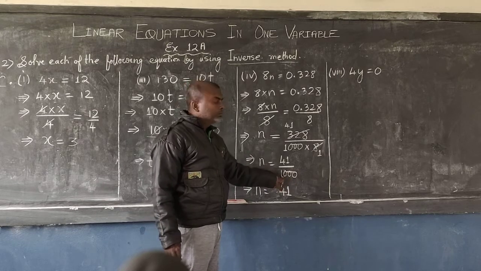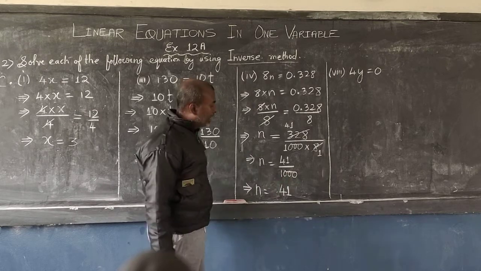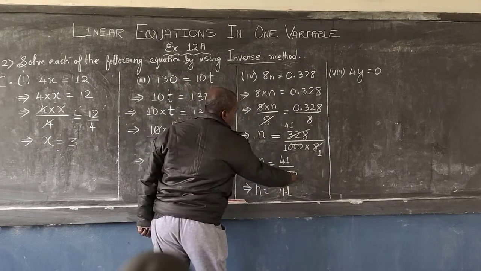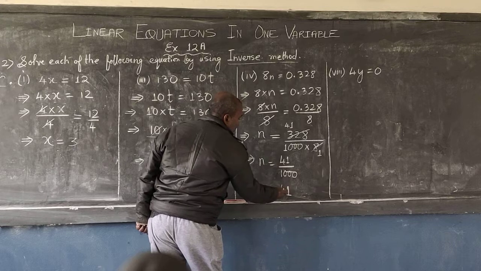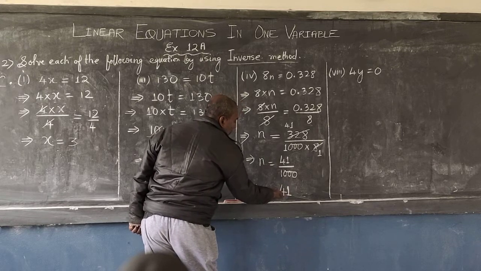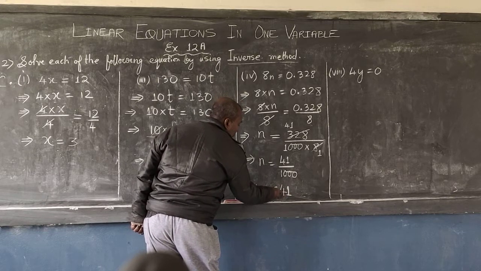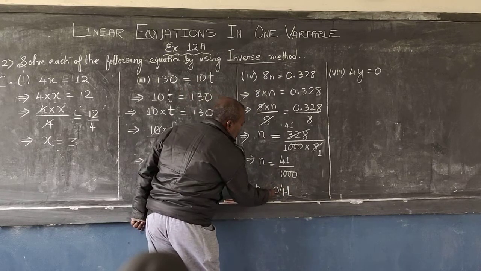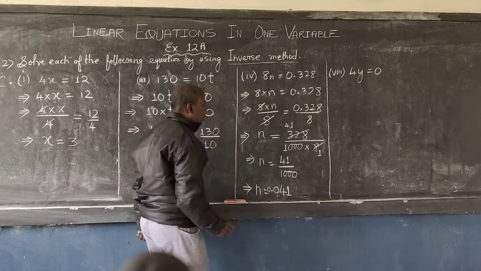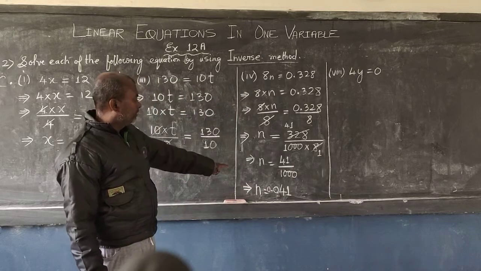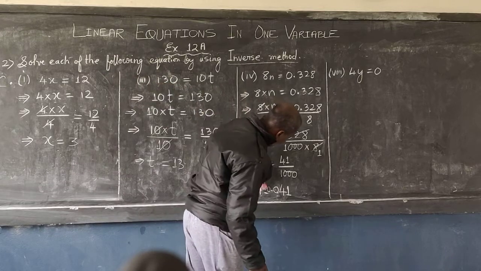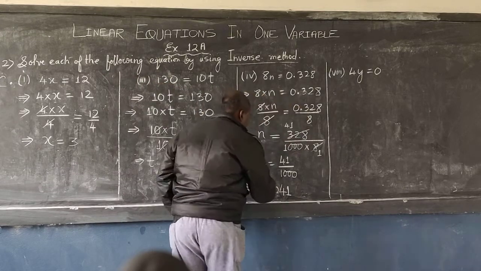So now, how many zeros? That many digits you have to count and make point. 3 zeros are there. So count 3 digits. 1, 2, but there is nothing to count here. So give a 0. Now you have 1, 2, 3 digits. Give a point. So answer is 0.041 and value is 0.041.